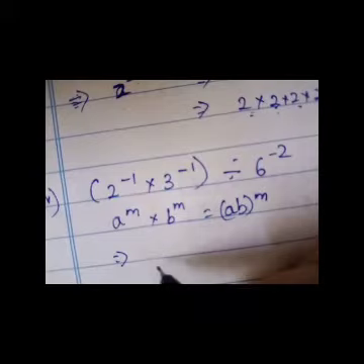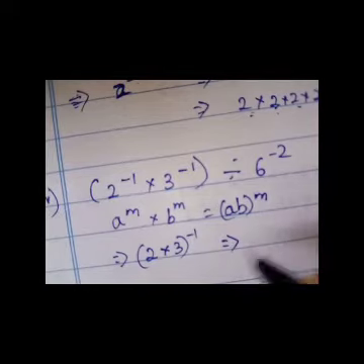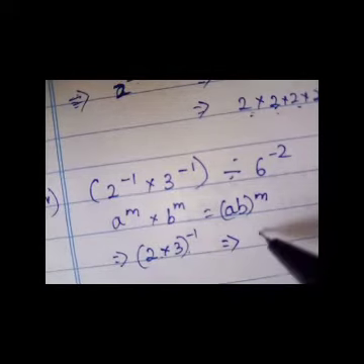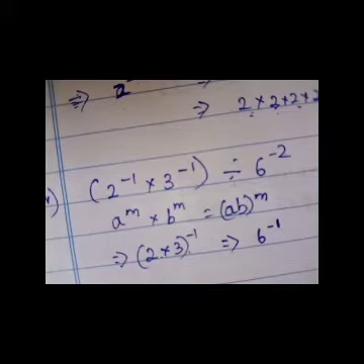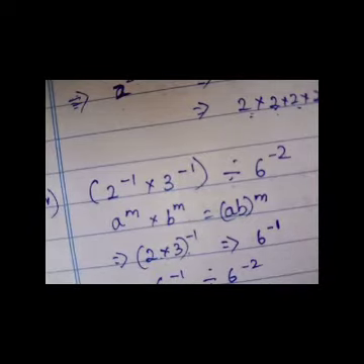Therefore here 2 into 3 the whole power minus 1, which is equal to 6 power minus 1. So here 6 power minus 1 divided by 6 power minus 2.